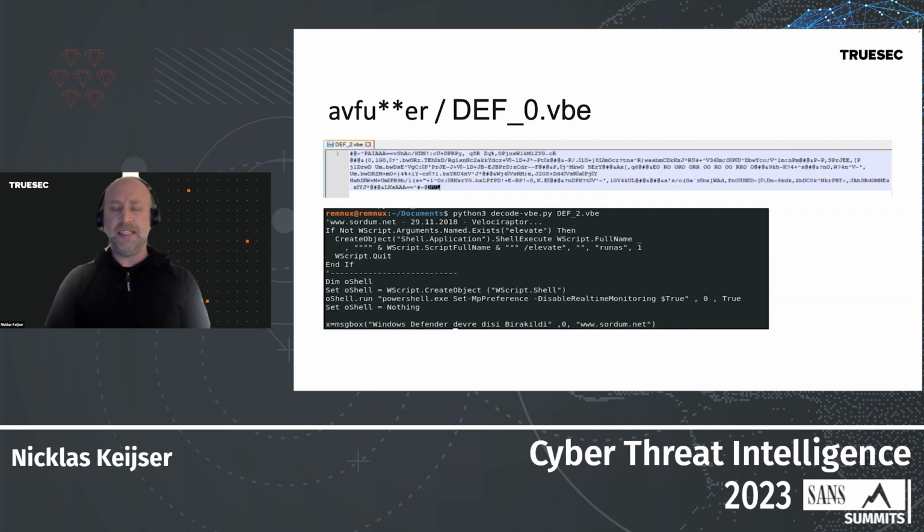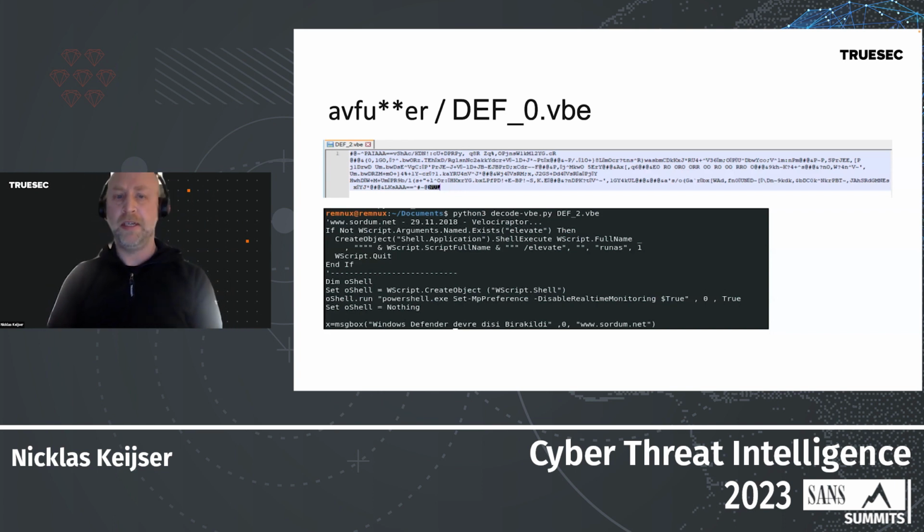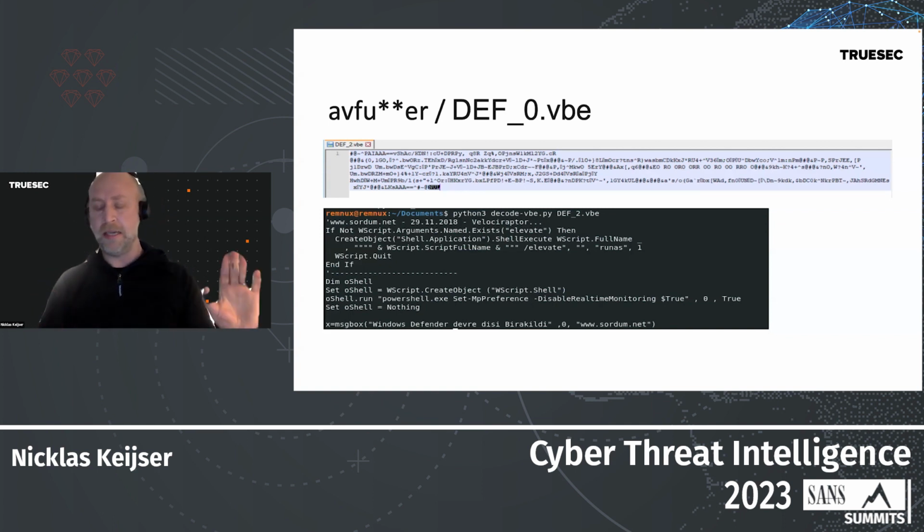We also had this VBE script, and when you look at it straight away, it looks like it's encoded. If you don't know, there is a great Belgian researcher called Didier Stevens. If something is encoded or encrypted in some way, Google Didier Stevens and tool, because he has like 100 different tools.